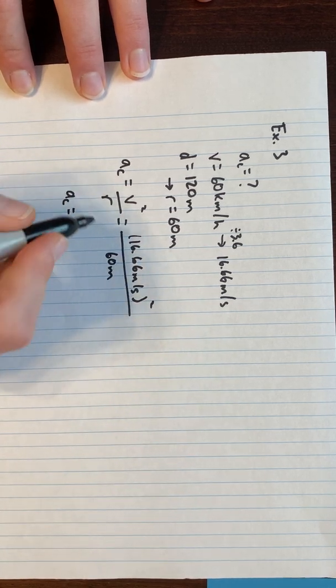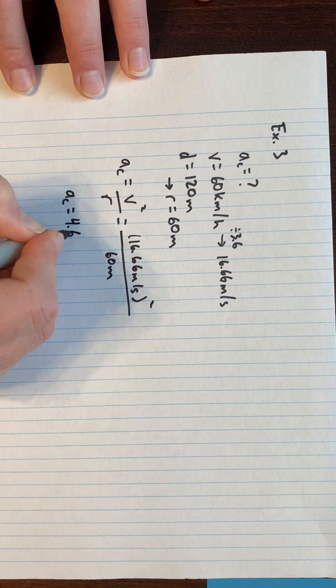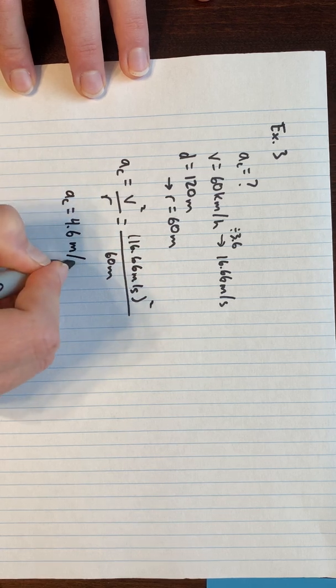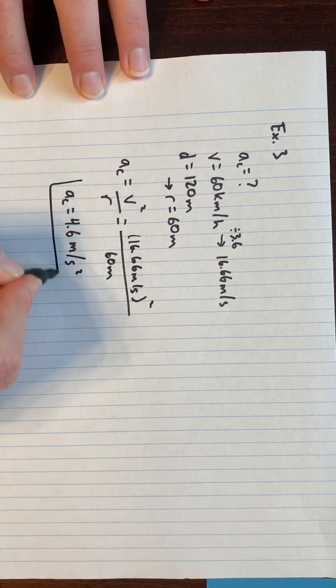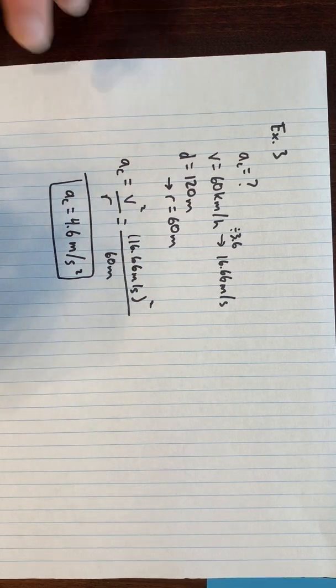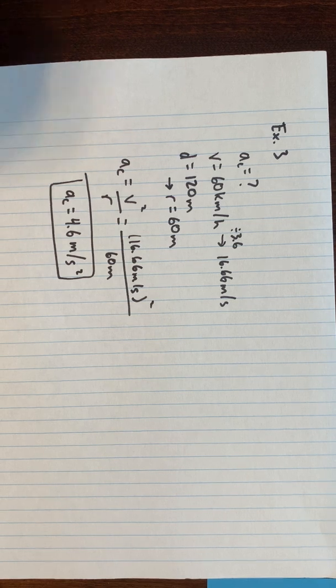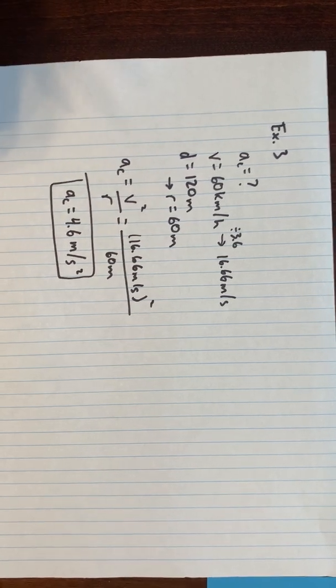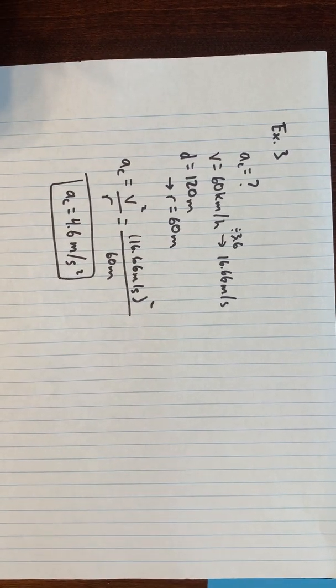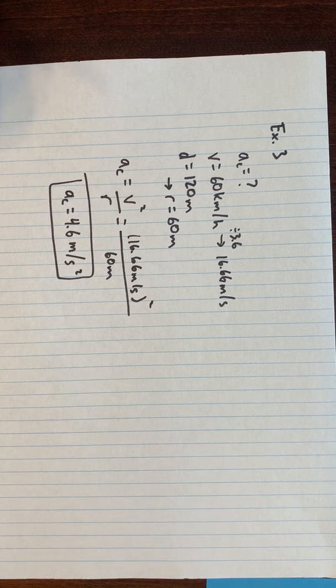Punch that into your calculator and you will get an answer of 4.6 meters per second squared, which is your centripetal acceleration. All good? Cool. All right. Next question.